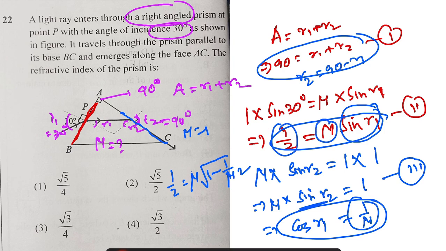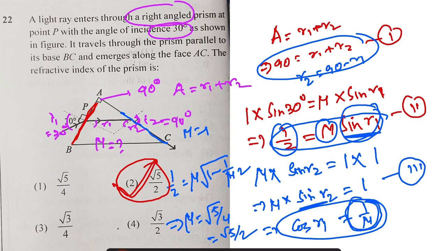Half is equal to mu into sine R1, and you all know sin square theta plus cos square theta equal to 1. So sine R1 equal to root over 1 minus cos square R1, that is 1 by mu square. So here if you solve this, you will get mu is equal to root over 5 by 4, so root 5 by 2. So the correct answer will be option 2.